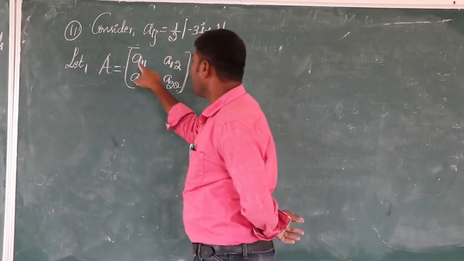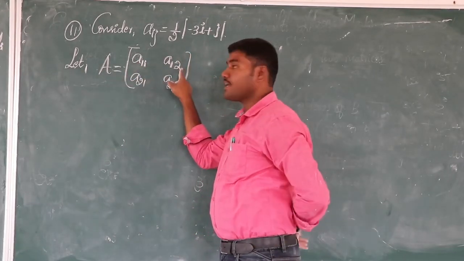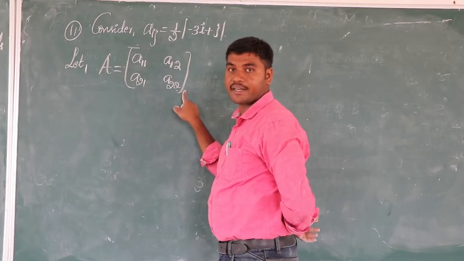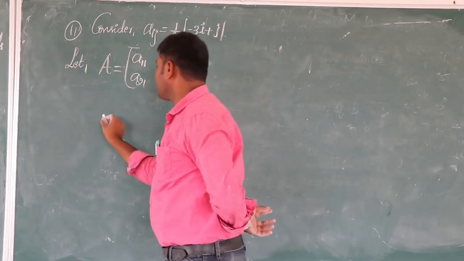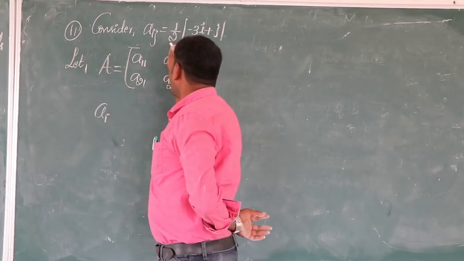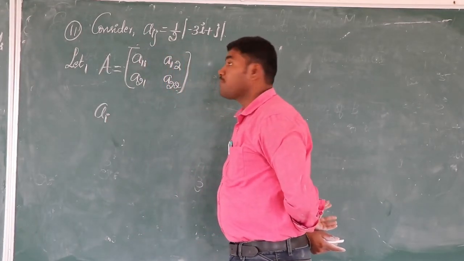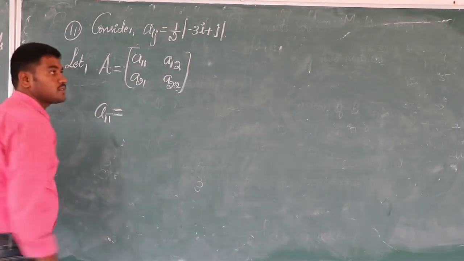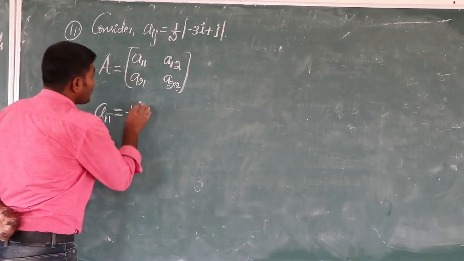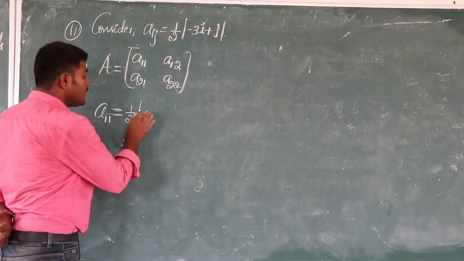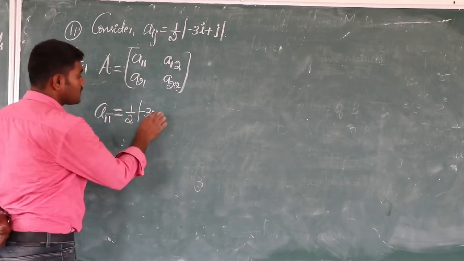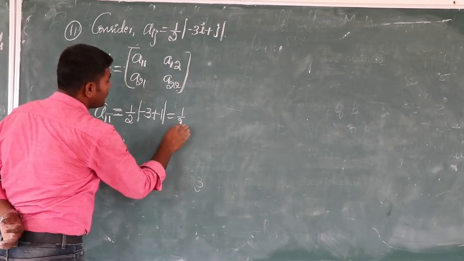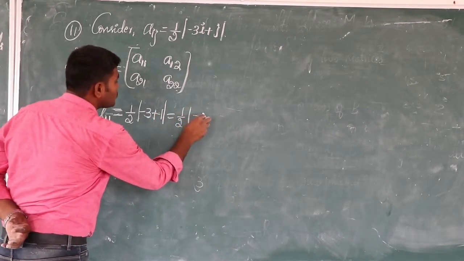As you know, a11 indicates first row first element, a12 first row second element, a21 second row first element, and a22 second row second element. Now the elements are defined as aij = 1/2 |−3i + j|. For a11: 1/2 |−3 × 1 + 1|, which is 1/2 times −3 + 1, that becomes −2.